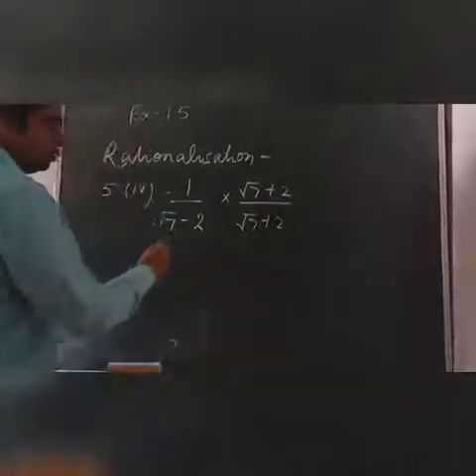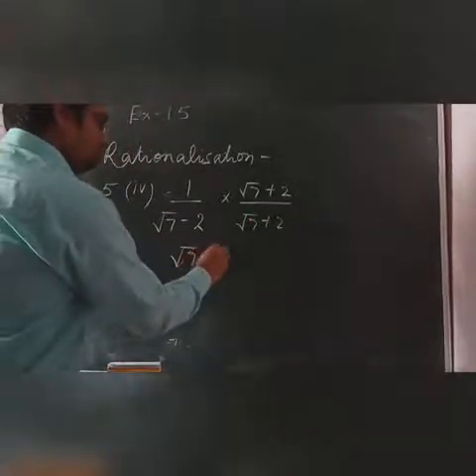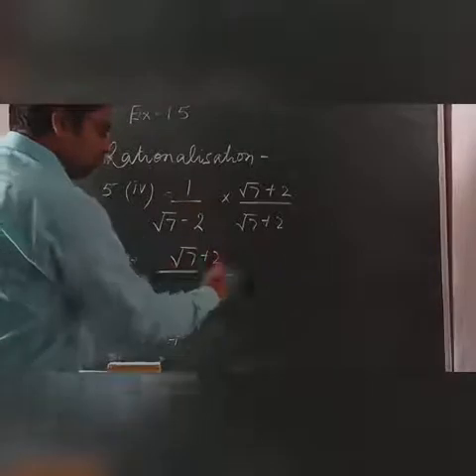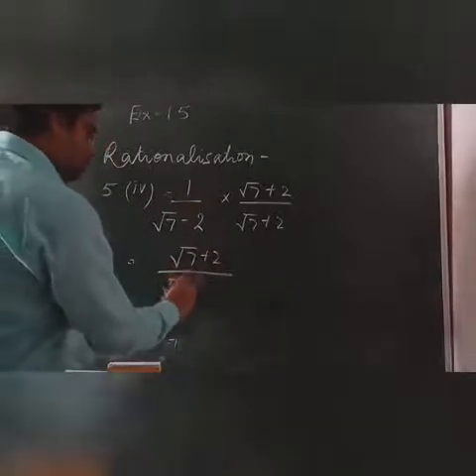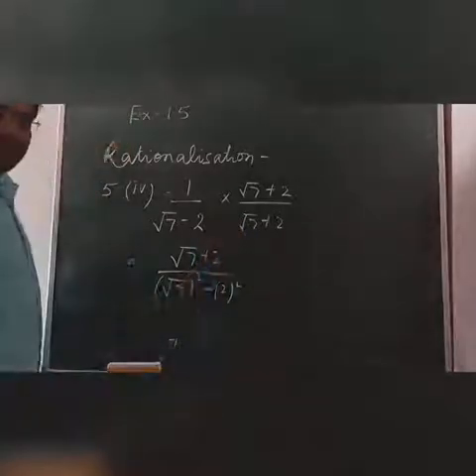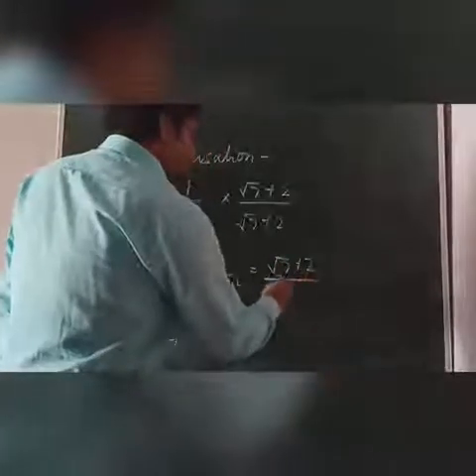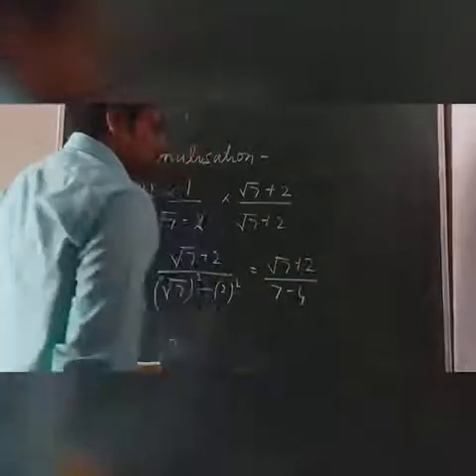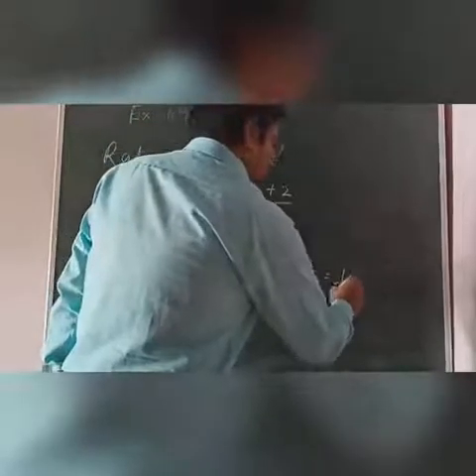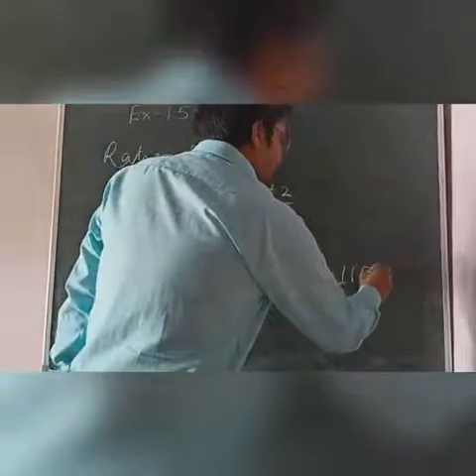This implies that you get under root 7 plus 2 into 1, equal to under root 7 plus 2, and in the denominator under root 7 square minus 2 square, using A square minus B square. So you get under root 7 plus 2, and in the denominator 7 minus 4, so this equals 1 by 3 into under root 7 plus 2.